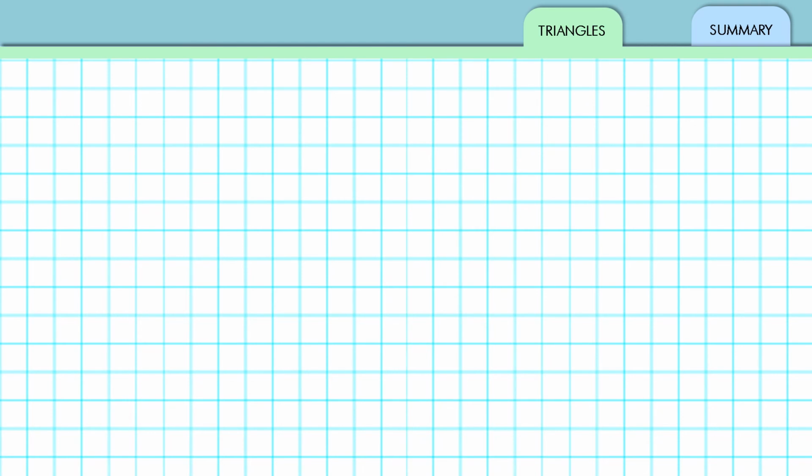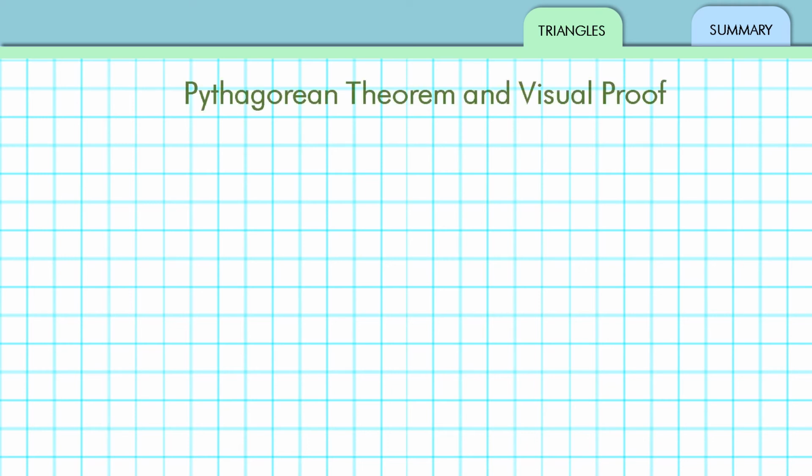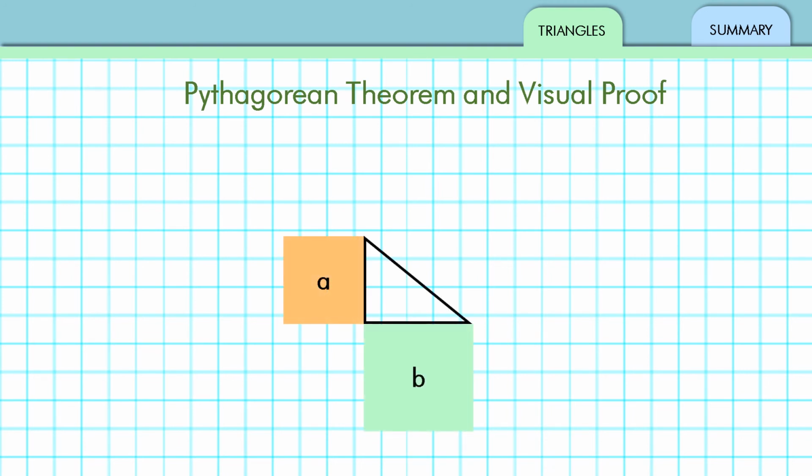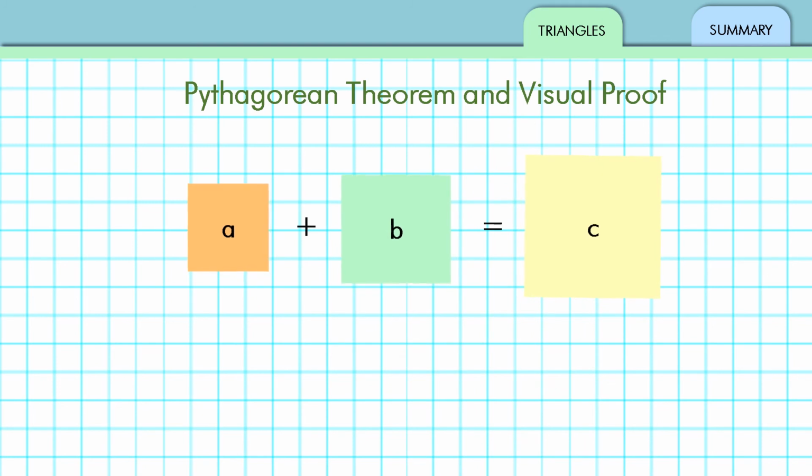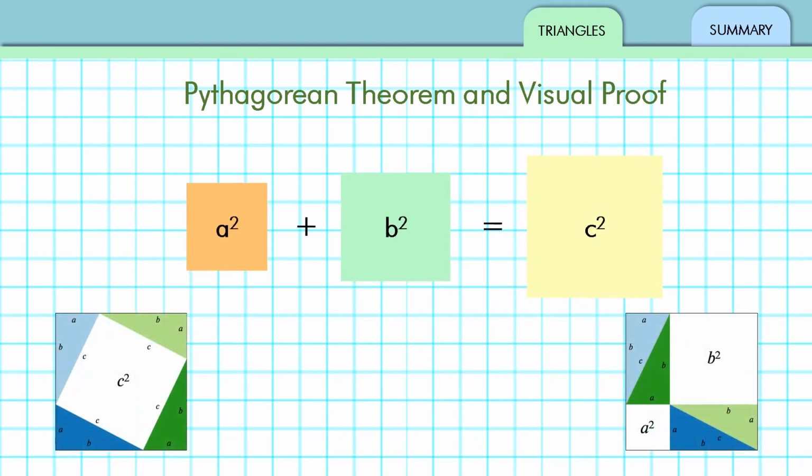Now we are finally in our last and final topic in trigonometry for today, which is about the Pythagorean Theorem. Over 2,000 years ago, there was an amazing discovery about triangles. When a triangle has a right angle, which is equal to 90 degrees, and squares are made on each of the 3 sides, then the biggest square has the exact same area as the other 2 squares put together.